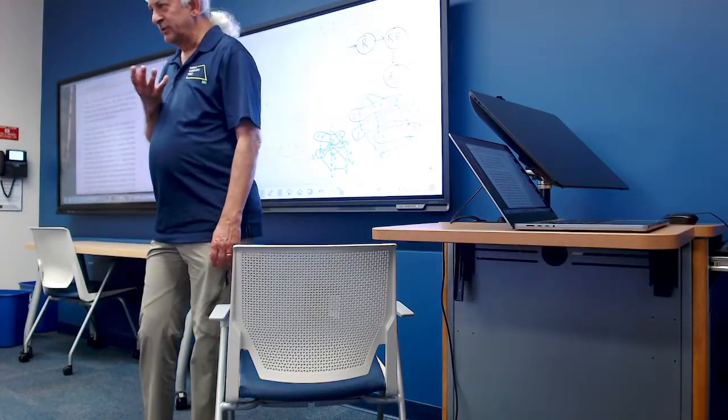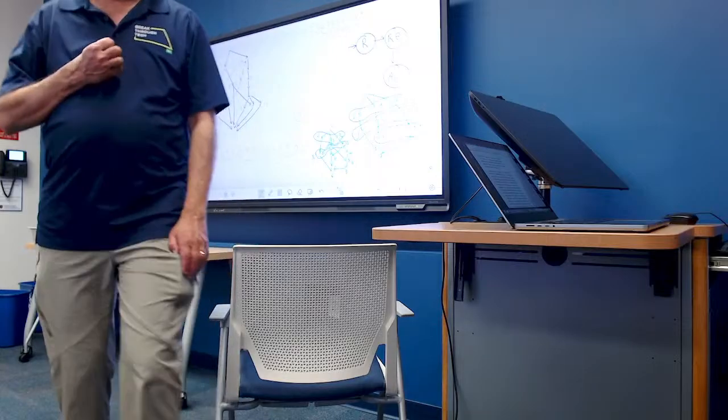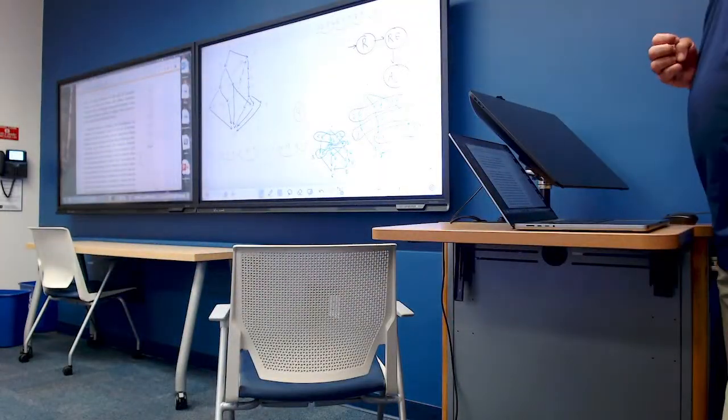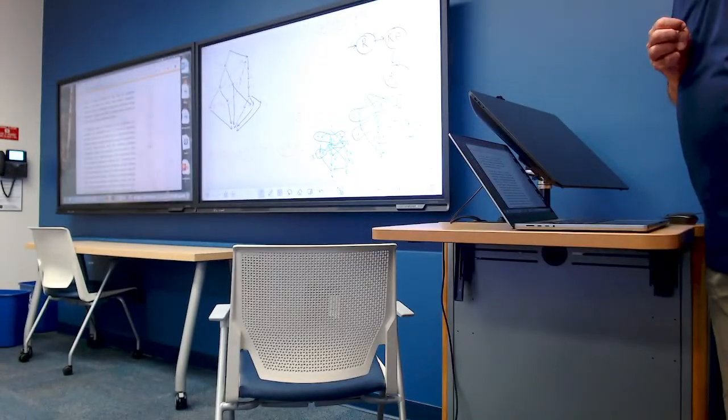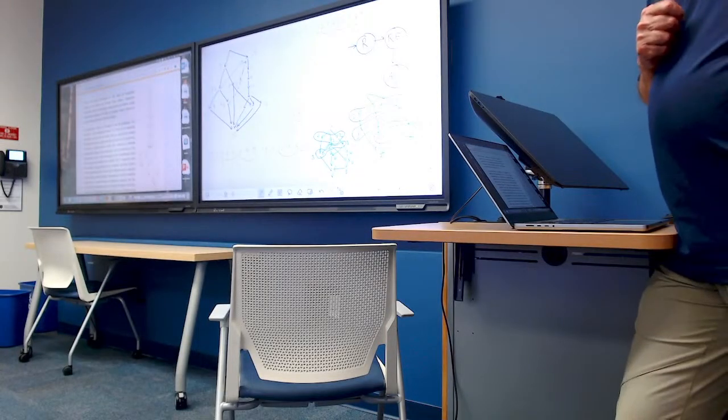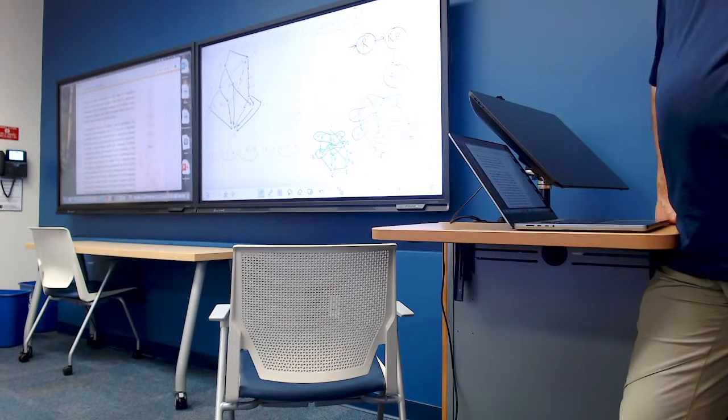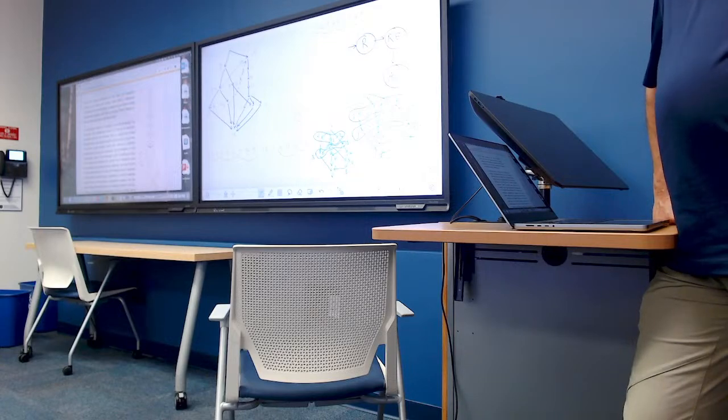I think this looks like a more reasonable algorithm, and I would be willing to bet some money that it works. Are you happy with this? Jian? I'm not sure. You're not sure, okay.